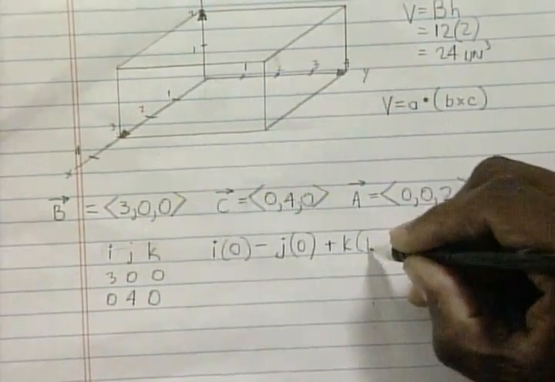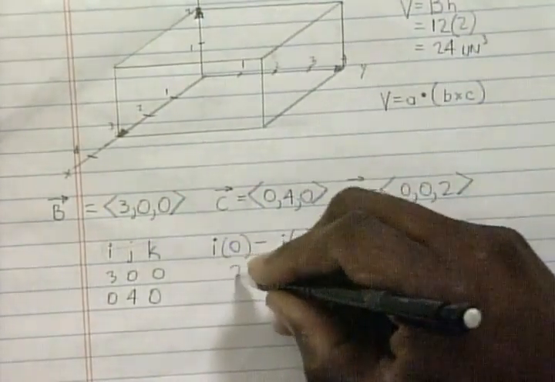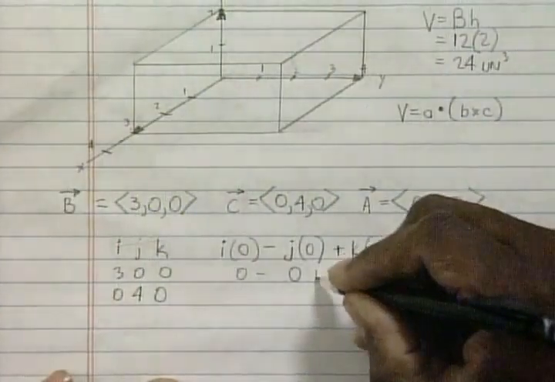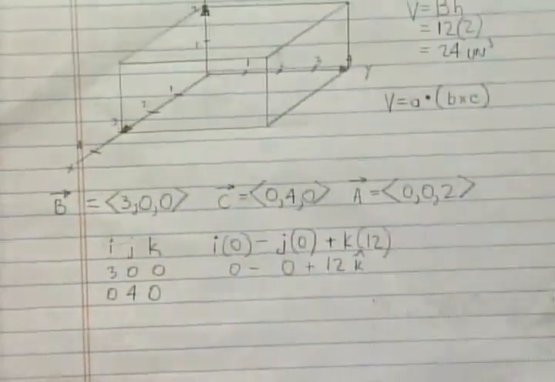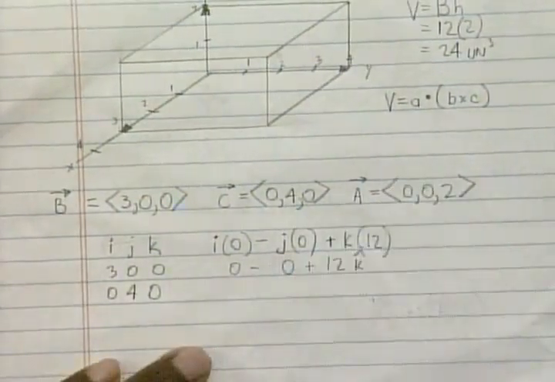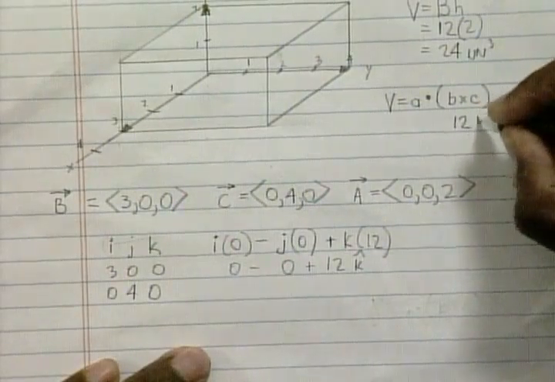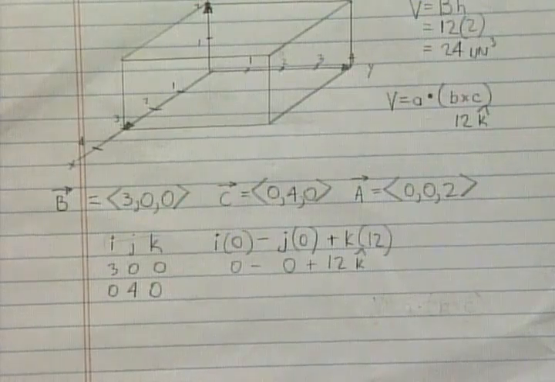So you end up with 0 minus 0 plus 12k. The cross product here is 12 in the k direction, 12 in the z direction.